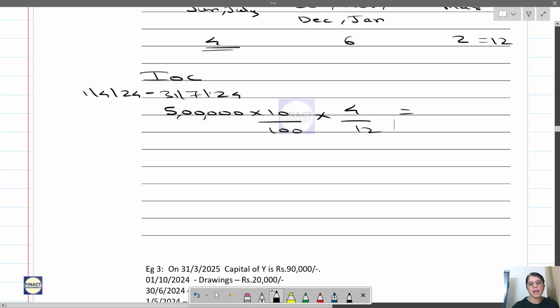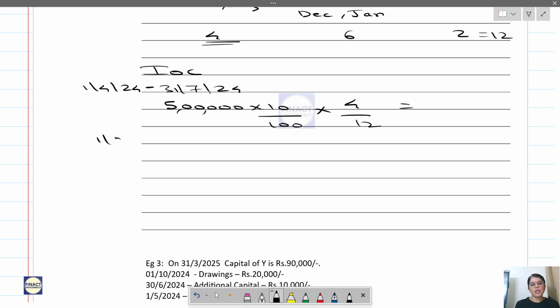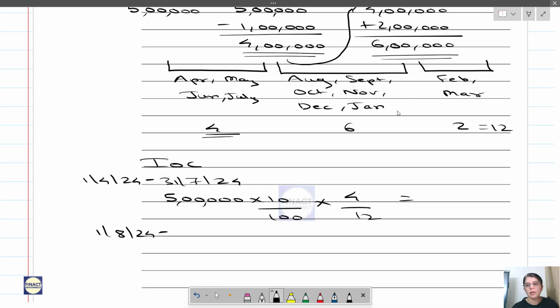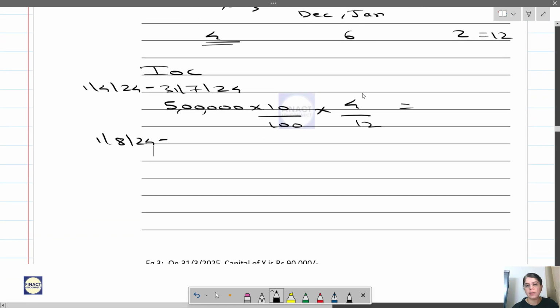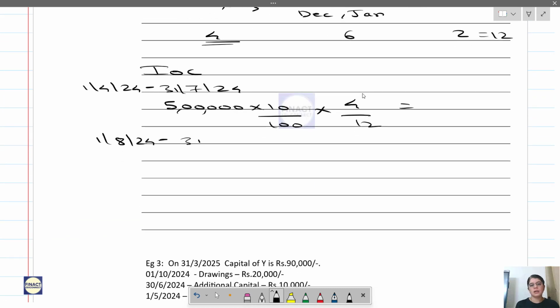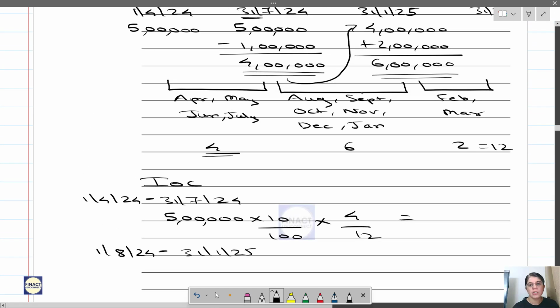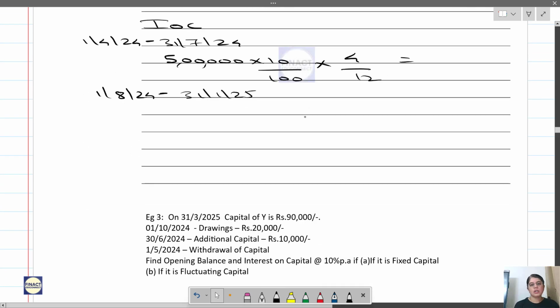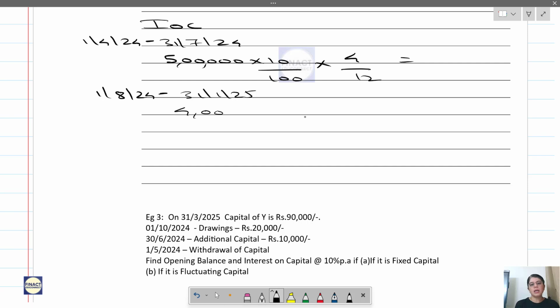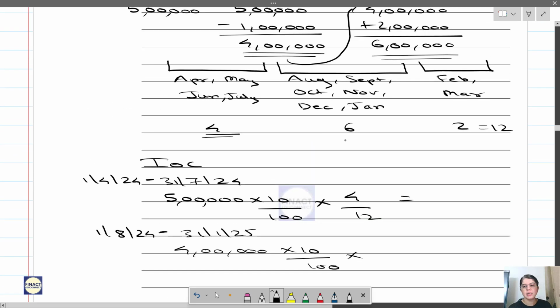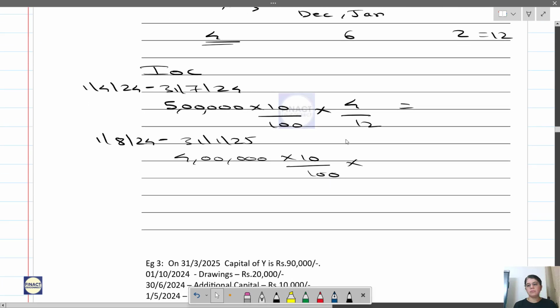Then from 1st August 24 to 31st Jan 25, the balance was 4 lakhs. So it will be 4 lakhs into 10 by 100 into 6 by 12.